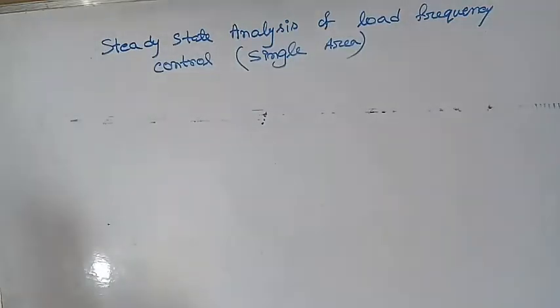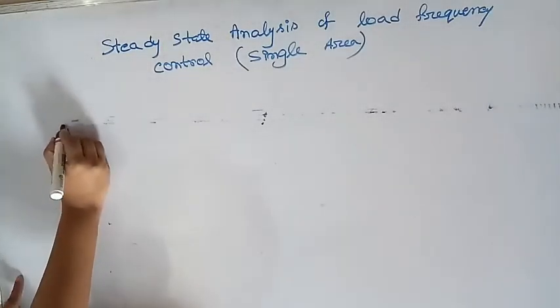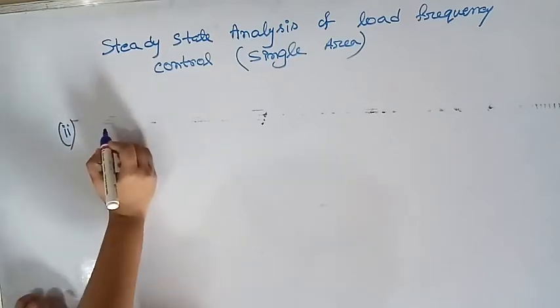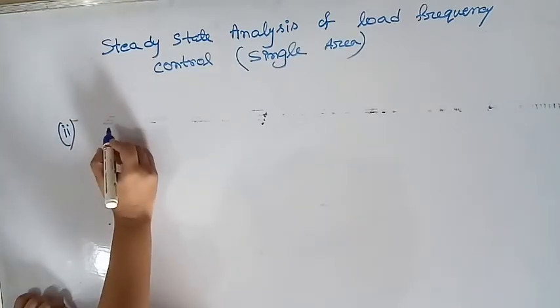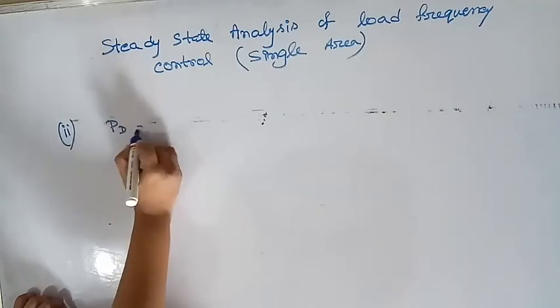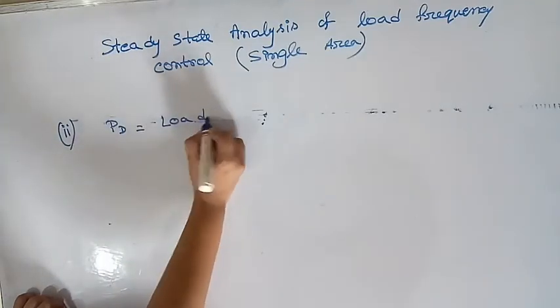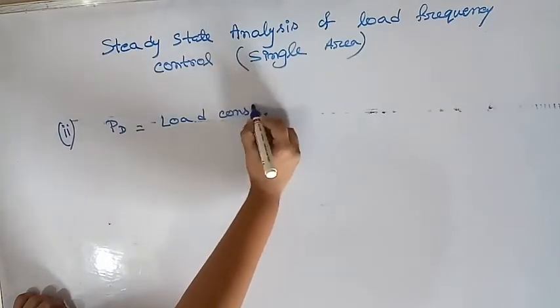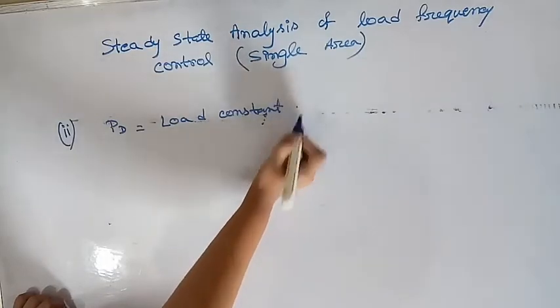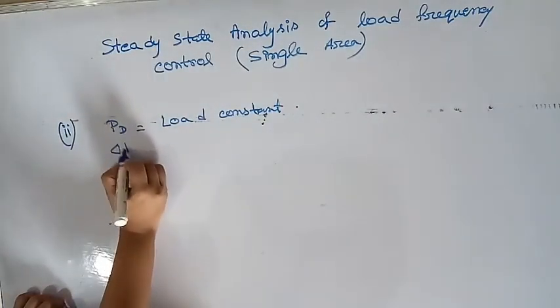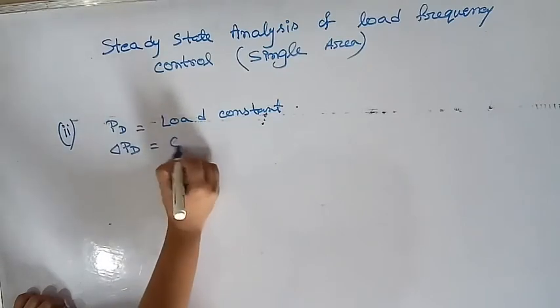Now, in the previous video, I have discussed steady state analysis of load frequency control for free governing operation. In this case, we assume that PD, that is load demand, is constant. So, delta PD is equal to 0.